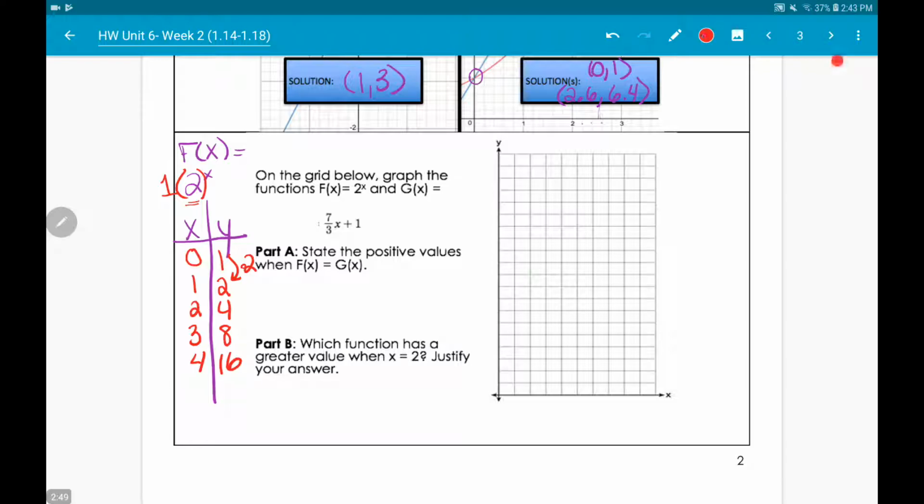All right, I'm going to do the same thing for g of x. And this is linear. So I know that my y-intercept is 1. And then my slope tells me the change in y, which is 7, divided by the change in x, which is 3.